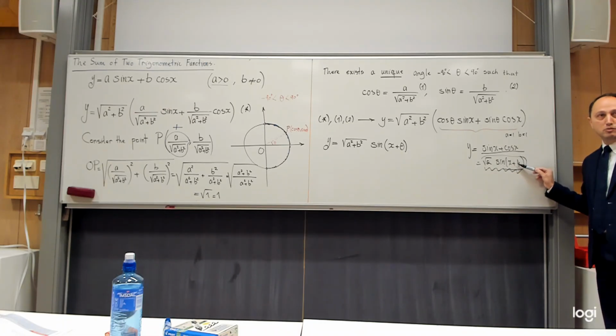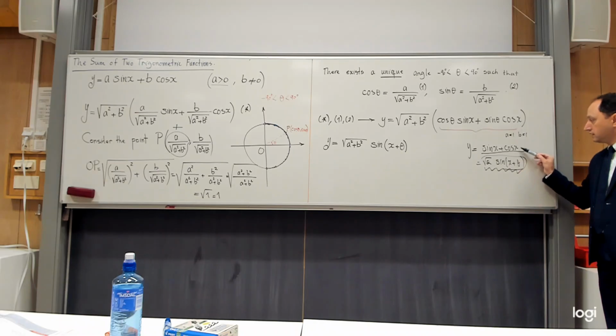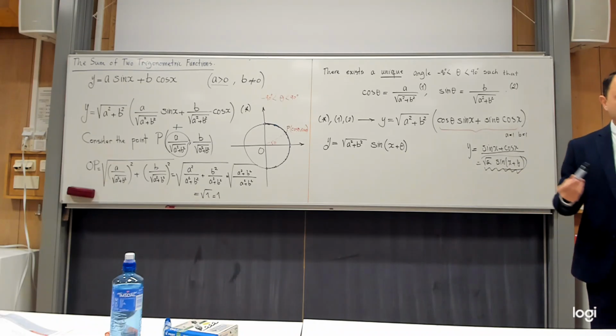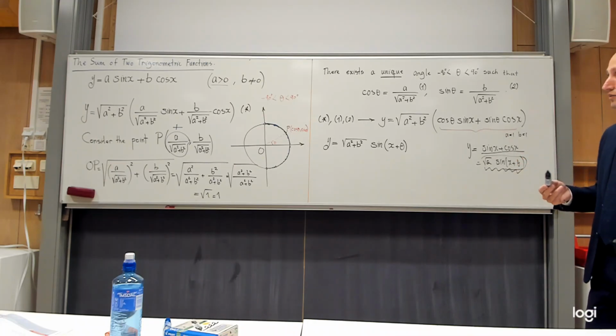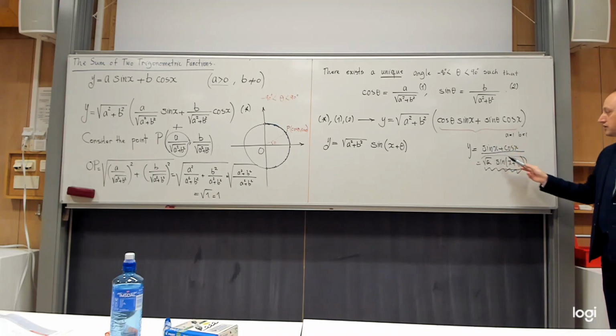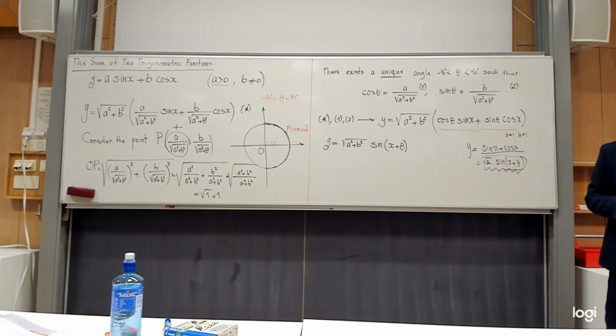So if the maximum of this function is the square root of 2, the maximum of this function is also the square root of 2. And that is the answer to the question we started with. Do you remember I asked you what is the maximum of this function? The naive wrong answer was to say 2, but we realized no, it is not 2. The real answer is the square root of 2. So that's the maximum of this function.